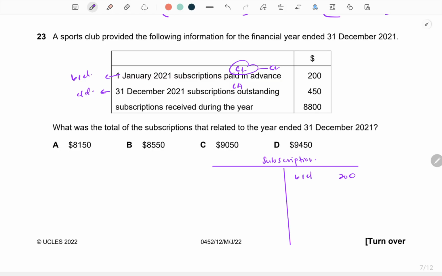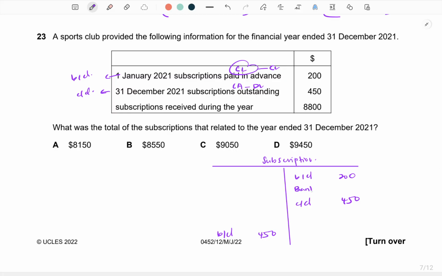Then you have balance CD, which is a current asset. Supposedly a current asset is a debit, because if you bring it to next year it will be here, but because it's CD, it must be opposite. CD 450. And subscription received during the year: when you receive money, you debit bank, and when you debit bank, you credit subscription.